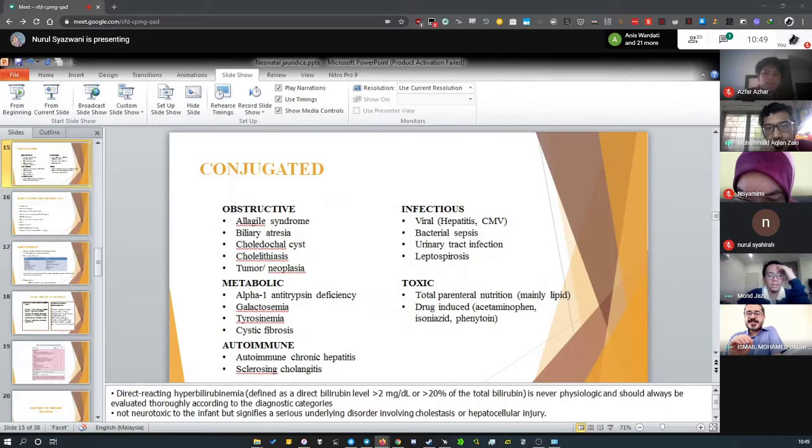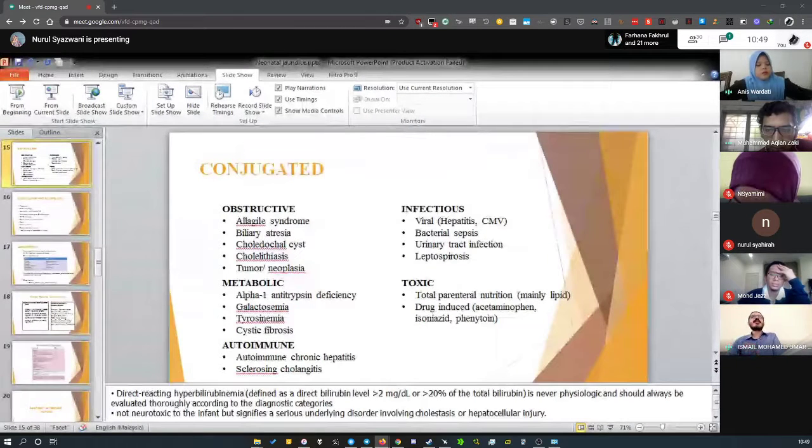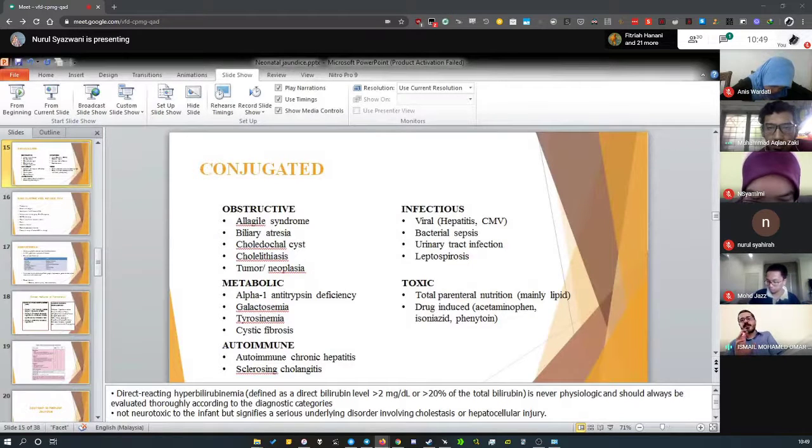DiGeorge syndrome. Yes, Catch-22. It has a microdeletion also. DiGeorge is microdeletion 22, Alagille is microdeletion 20. How to diagnose microdeletion? What is the test? FISH, Prof. FISH, yes. So go take fish for your lunch today. So you remember DiGeorge and Alagille.